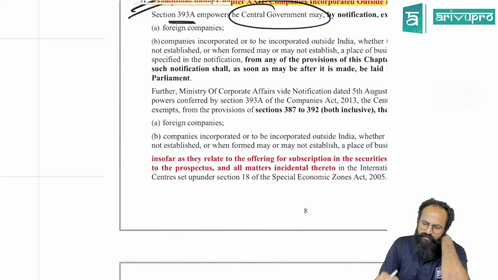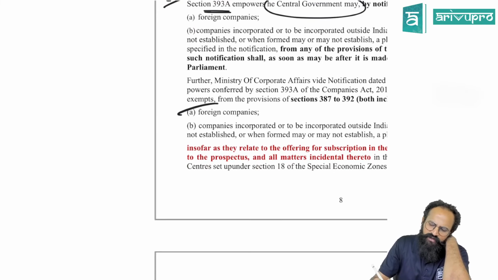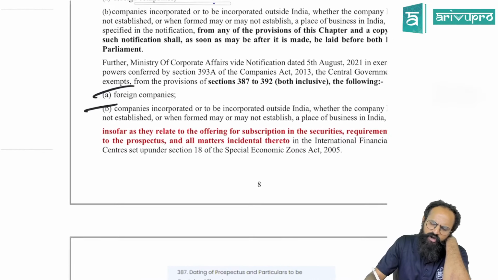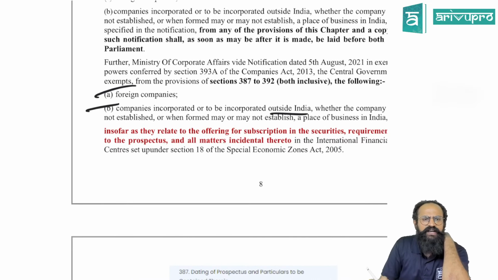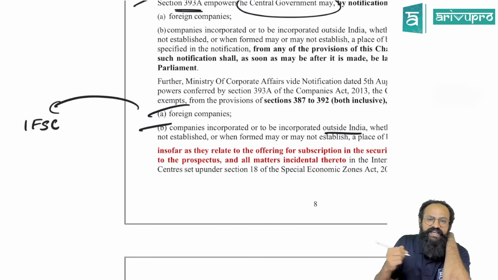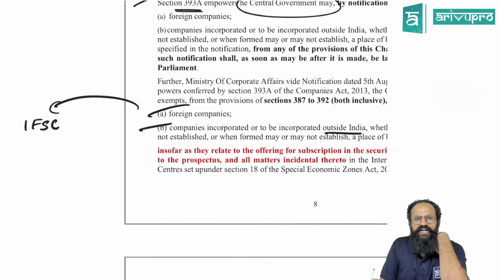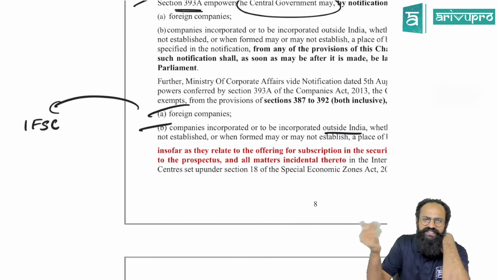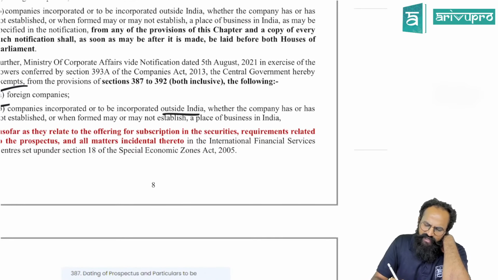What is that, sir? Imagine any foreign company or company incorporated or to be incorporated outside India. If at all they are offering any shares in an IFSC in India, International Financial Service Center, if they are offering any securities in India by issuing prospectus, they relate to offering of subscription in securities, requirement related to prospectus and all other matters incidental to in IFSC.